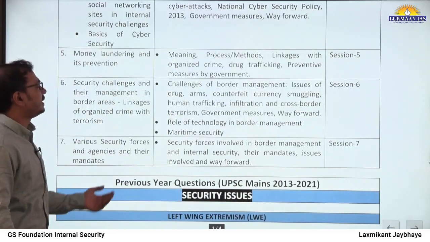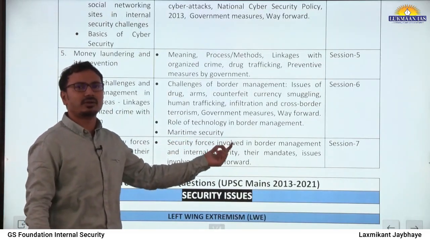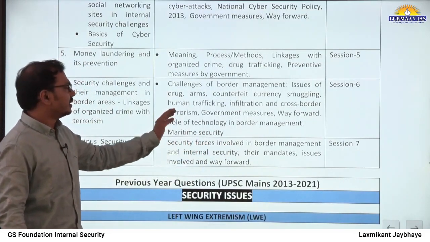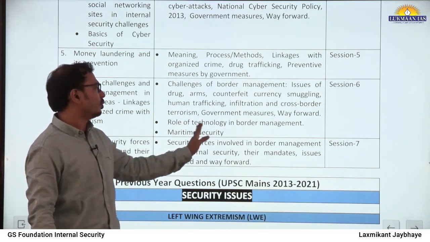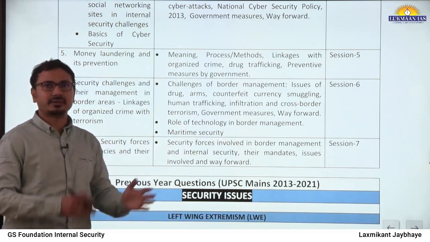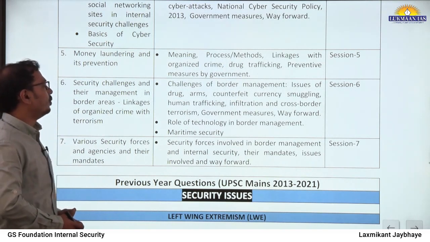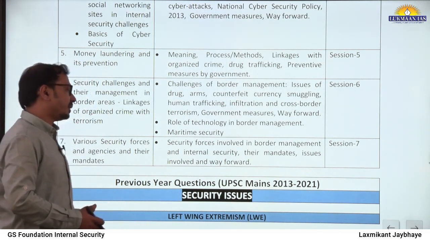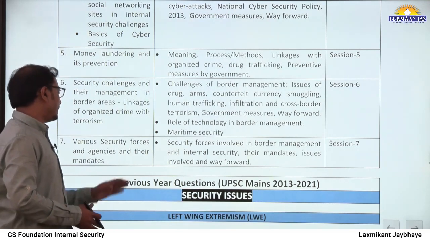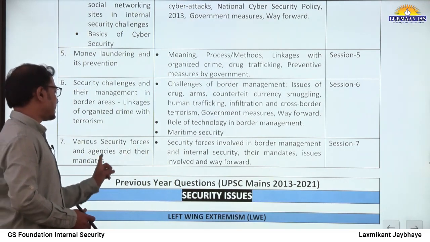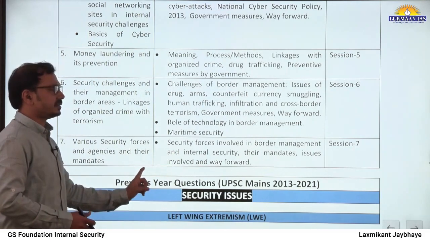Along with that, the maritime security aspect is also part of border management. Then the role of technology in border management, the contemporary aspect, how technology may prove helpful in effective border management.